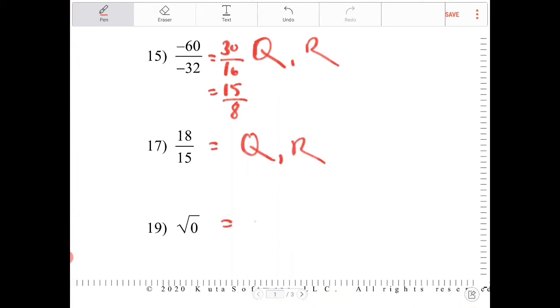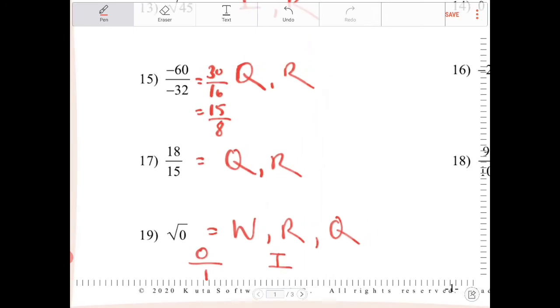Square root of 0 is actually a whole number. It's a whole number, and it's a real number. Can I express this as a rational? I certainly can, because 0 is also 0 over 1. Is it a natural number? It's not a natural number. Is it a counting number? It's not a counting number. This is also an integer as well. It's a part of the integers.